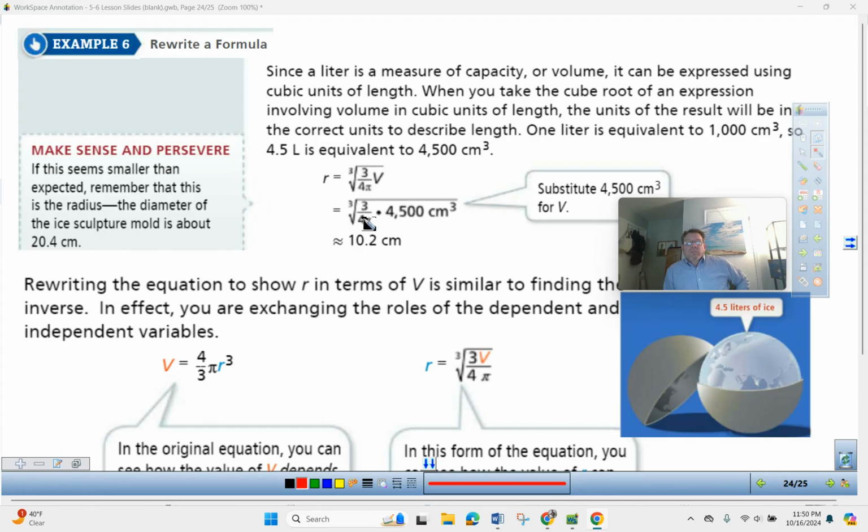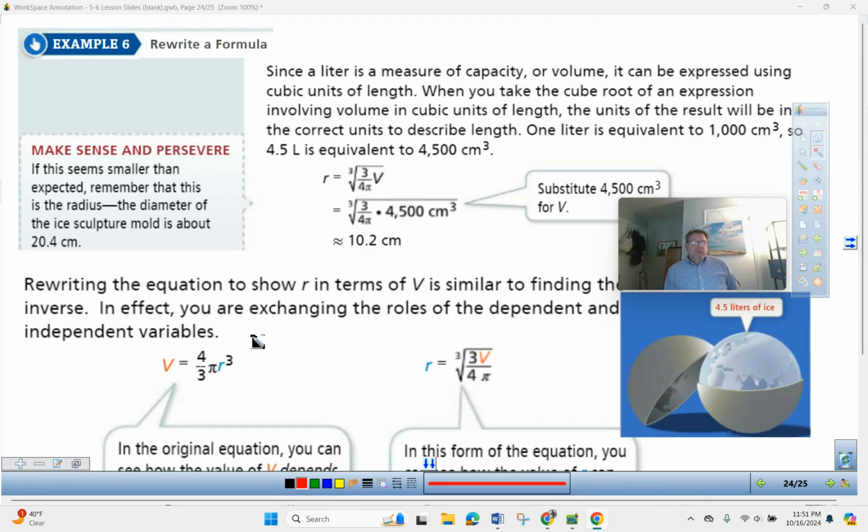Plug that in there for the volume. And it does say to use an approximation. So 3/4 times that, and just plug that whole thing in just like you see it. You're not going to put the centimeters cubed in there, that's a unit. But you put that whole thing in your calculator, and it's going to spit out 10.2 once you round it off.